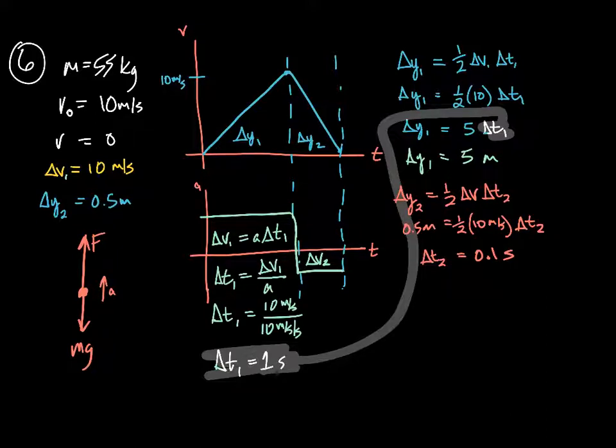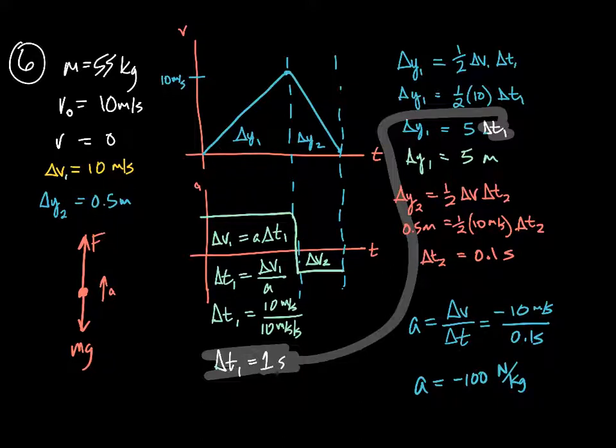So we would expect it to be much, much smaller than the fall. All right. And so now we can get the acceleration out of that. The acceleration for the second time interval would just be the change in speed over that time. And the change in speed was a negative 10 meters per second, and the time was 0.1 second. So we get an acceleration, negative in our case, of negative 100 newtons per kilogram.